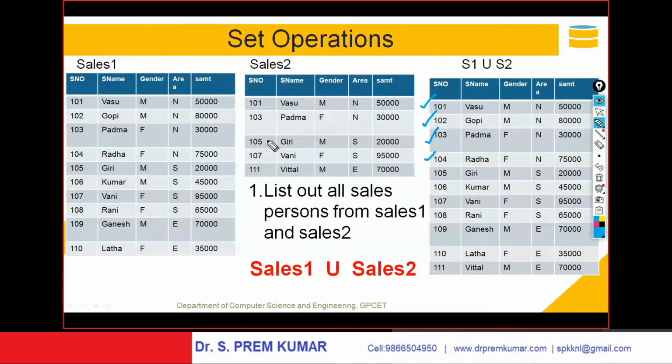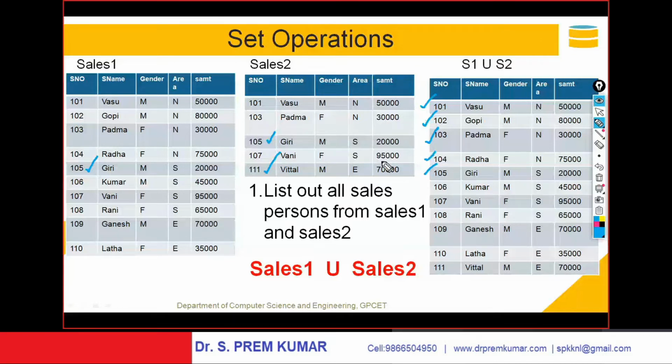For 105, you have it in both, so only one 105 appears. Similarly 106, 107, 108, 109, 110, and here you have 111, and hence you get the data of 111.